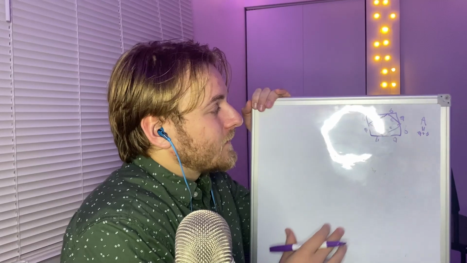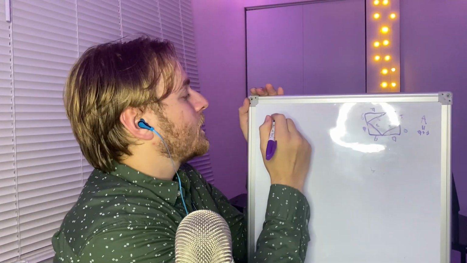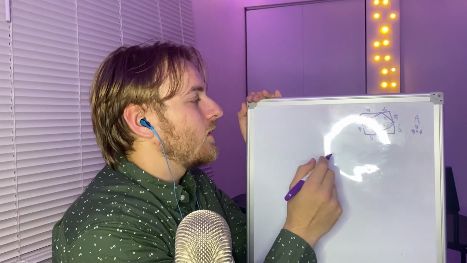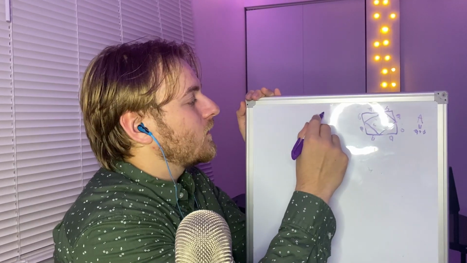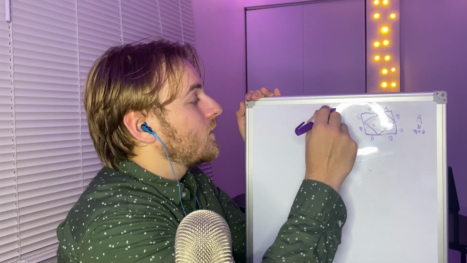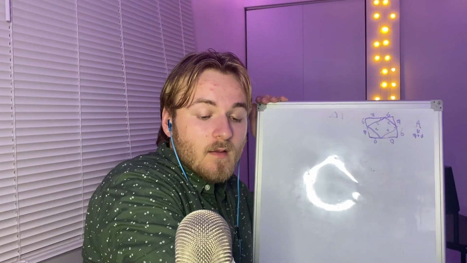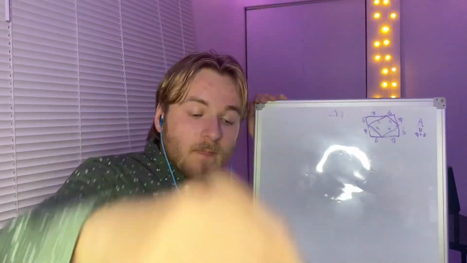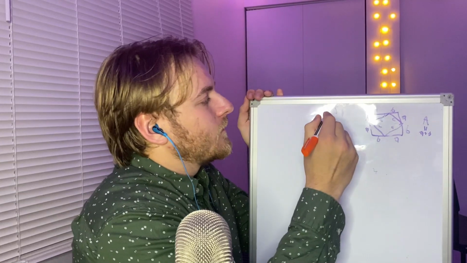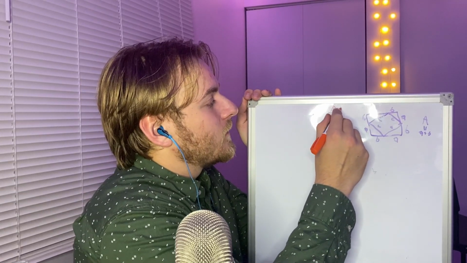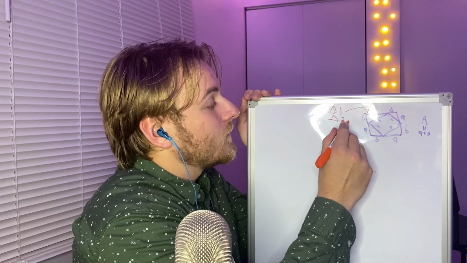Now, we know that the area of this outer triangle, I'm going to say triangle 1. We're going to call the outer triangle triangle 1. Okay, this purple isn't really working. I'm switching colors, and we'll go to orange. So this outer triangle is triangle 1, and the inner triangle is triangle 2.